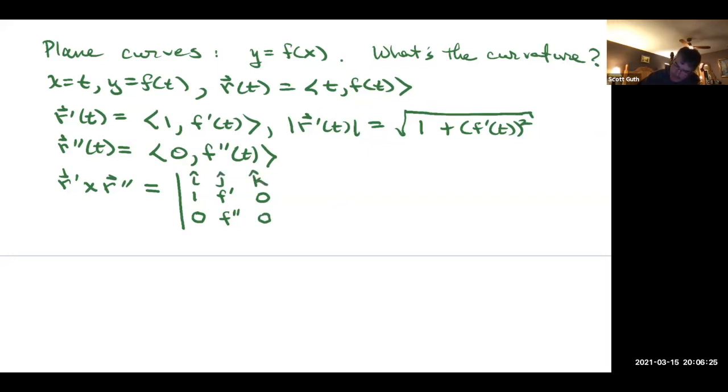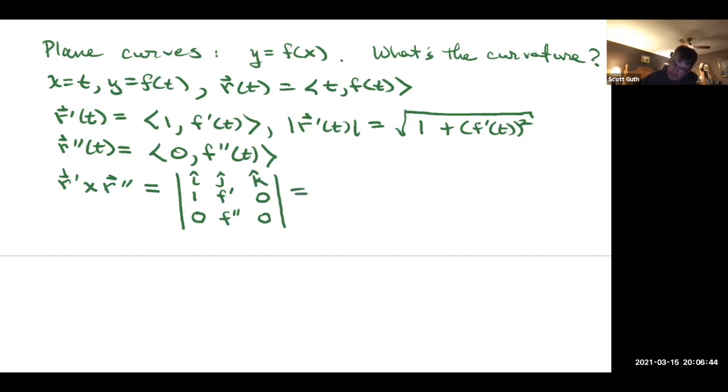Like that. And because this curve lives in the plane, we know that both of these vectors, r prime and r double prime, live in the plane. And therefore the cross product will be perpendicular to the plane and have only a k component.